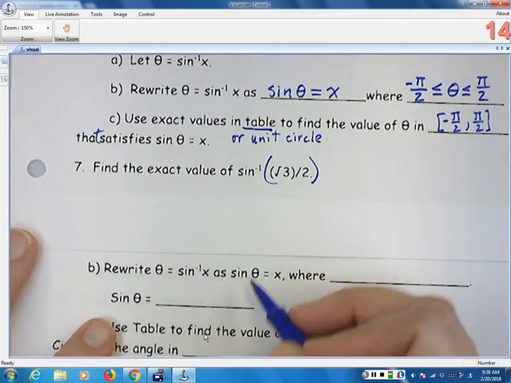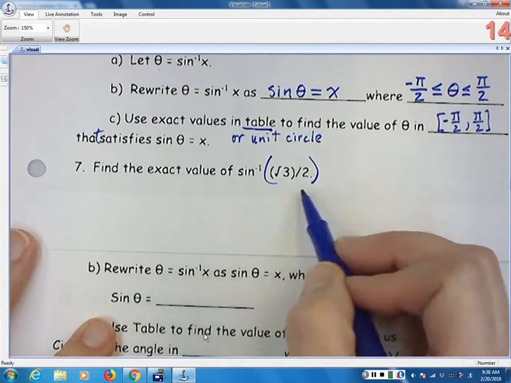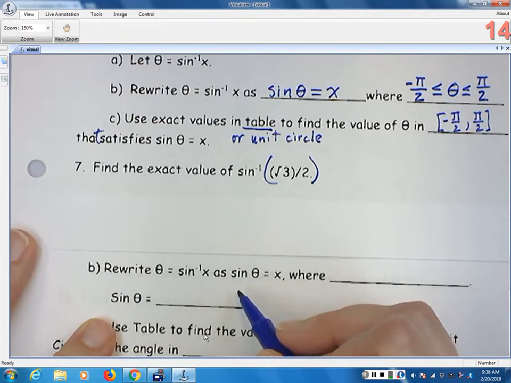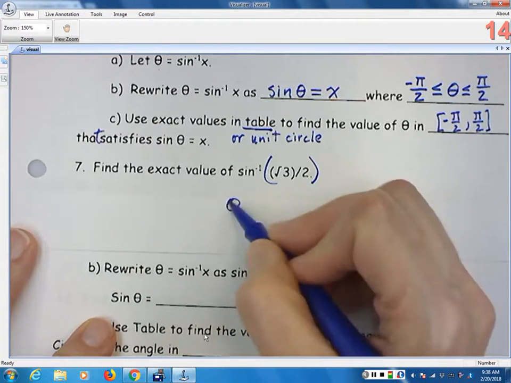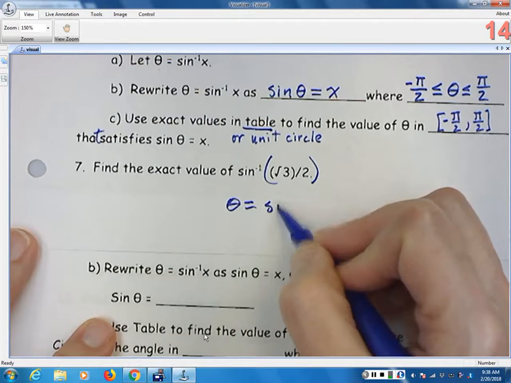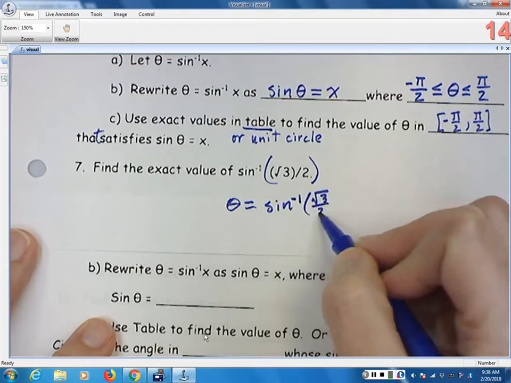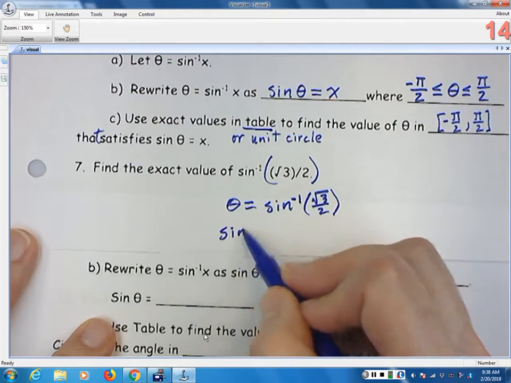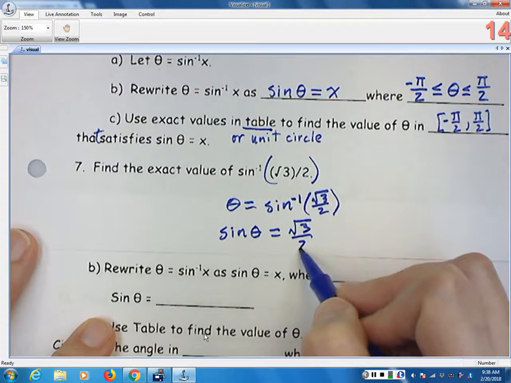So first we're going to rewrite this as theta equals this. We're going to get an angle. Then we rewrite it as sine theta equals the square root of 3 over 2.